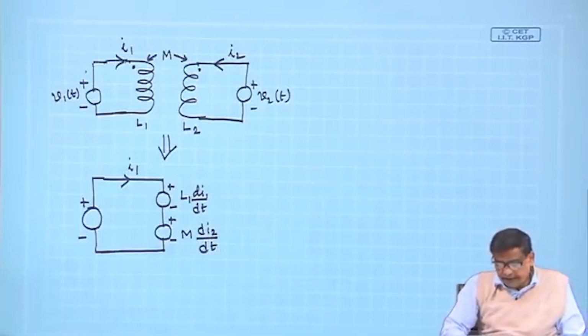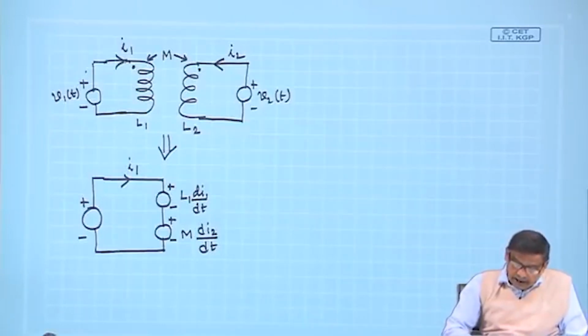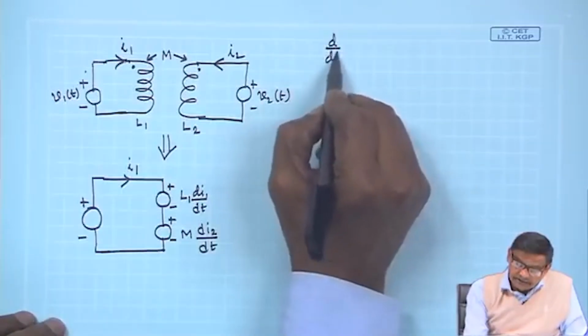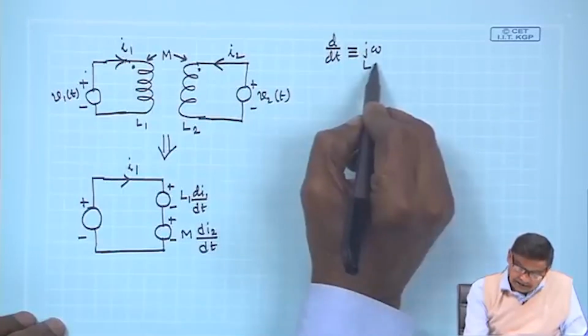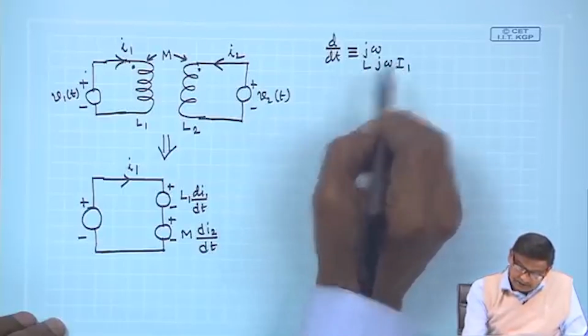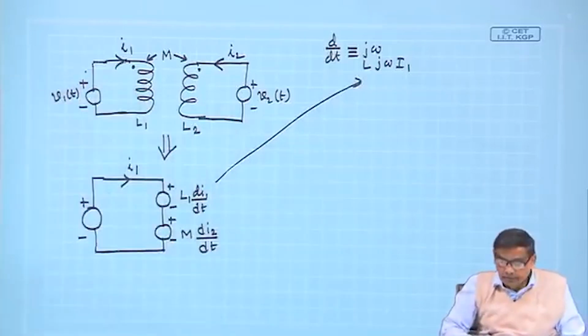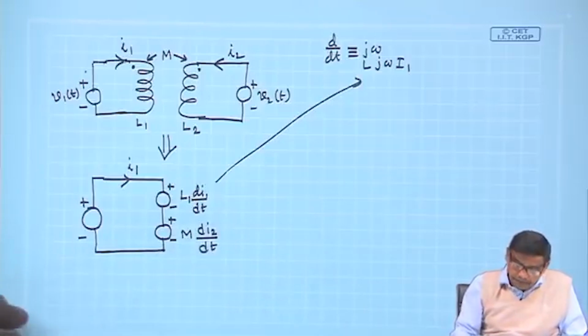In our earlier case, I assumed the supply source to be sinusoidal, and then for d/dt you just replace it by j omega, then you will get L j omega I1, if the supply happens to be sinusoidal, but in time domain, this is fine.